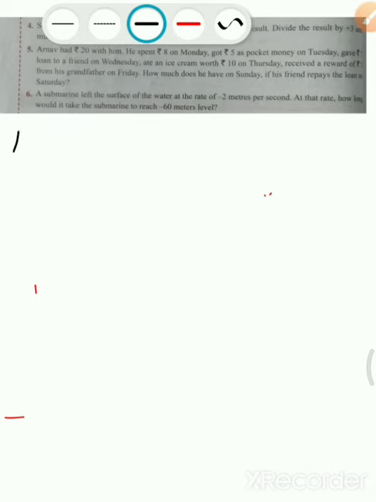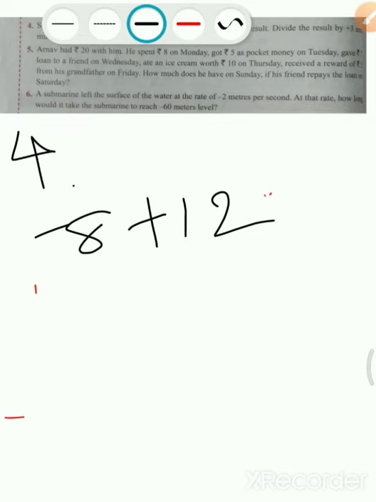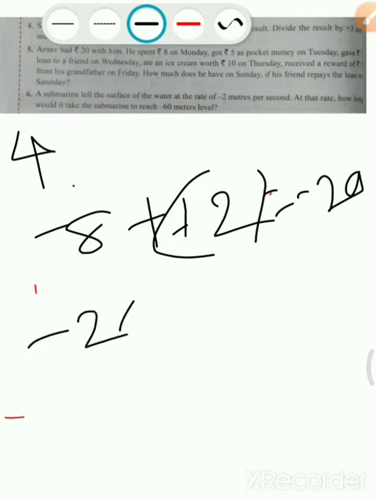Question number 4: minus 8 is there. First of all, minus 8 will be added to minus 12. Then what will come? That answer will be subtracted by 10. That means it will come minus 20, and this minus 20 will be subtracted by 10, so it will come minus 30.